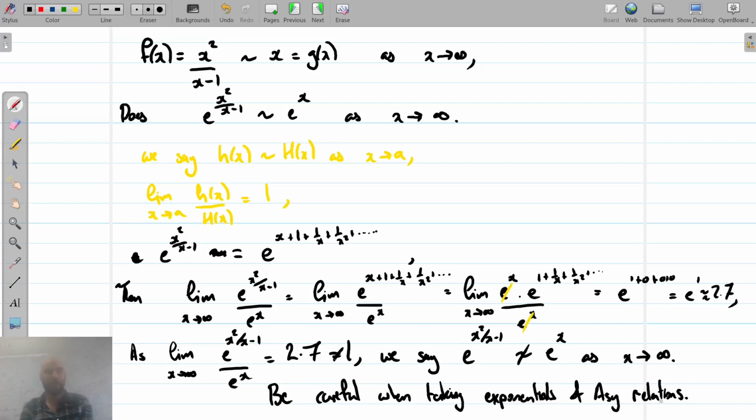There are some questions in the tutorial about taking logarithms, sines and cosines, which also show us problems if you use those functions. But this isn't quite the end of the story. Sometimes we can take exponentials of asymptotic relations. We just need to be careful.